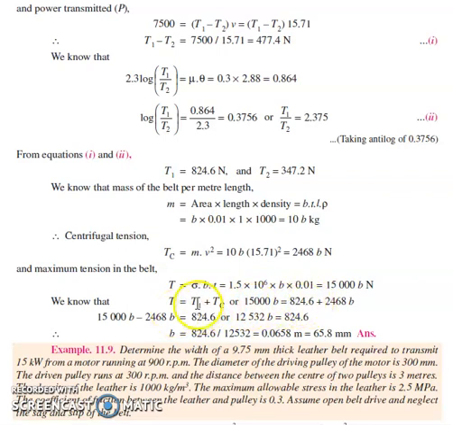From this equation we can reduce it to b as 824.6 by 12532, which is equal to 65.8 mm. In terms of mm we have identified here, right? Don't confuse meter and mm. We have identified it in meter, and finally we convert that meter into mm, 65.8.